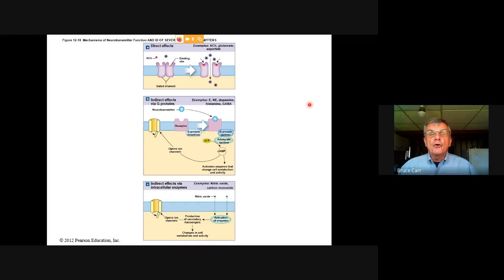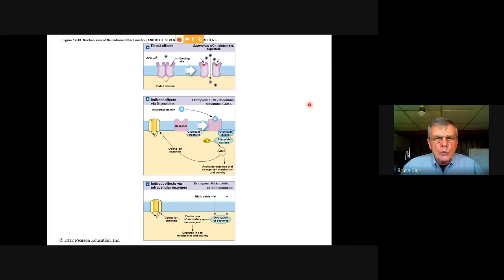The mechanism for neurotransmitter function is not limited to acetylcholine. It was the first one we discovered, and it's by far our best known. But when we look through the body, we see a number of chemicals that are natural to us that have neurotransmitter substances.